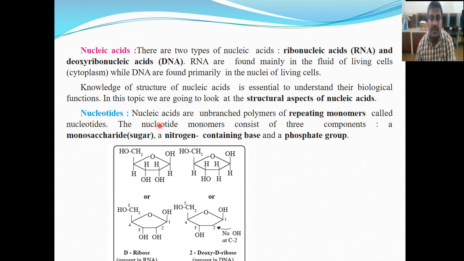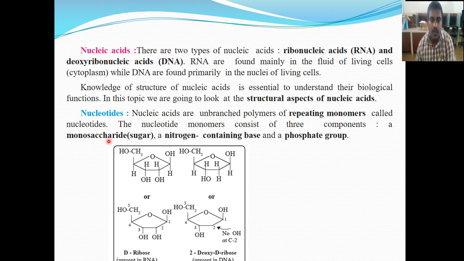The nucleotide monomer consists of three components. Which are the three components? One is a monosaccharide, also called a pentose sugar.